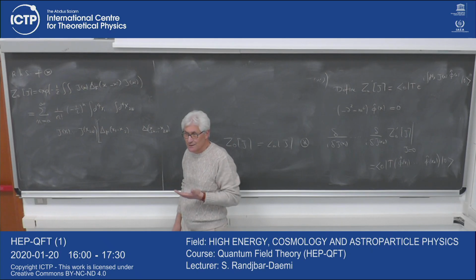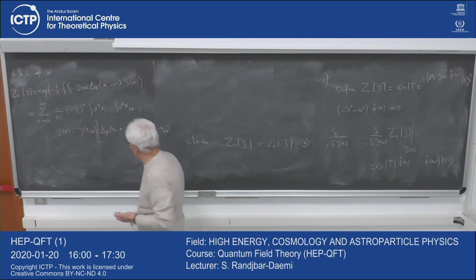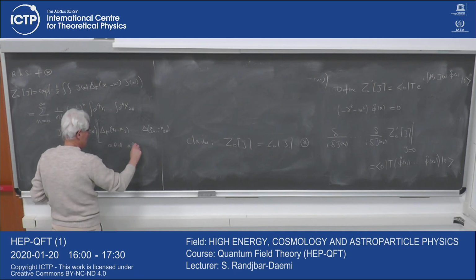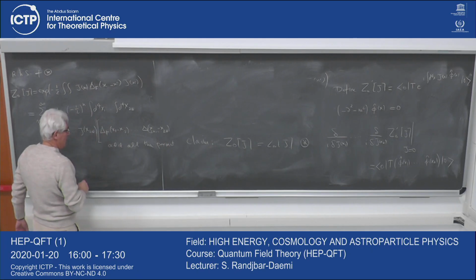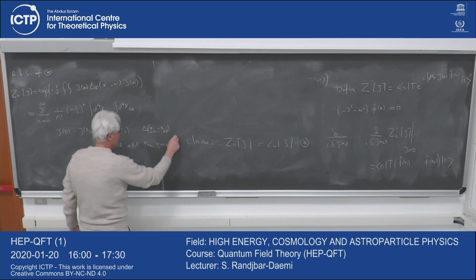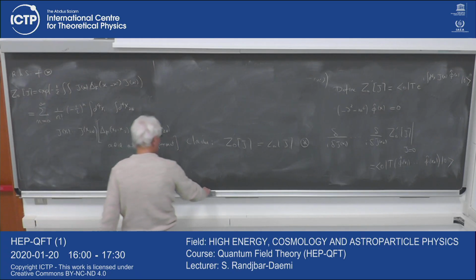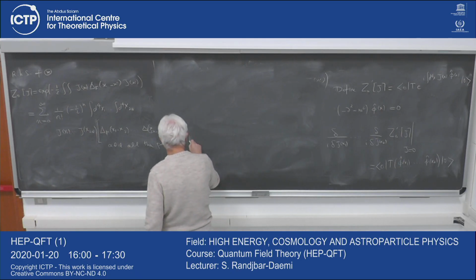What should we do? Divide by 2n factorial. So add all the permutations, but then divide by 2n factorial.